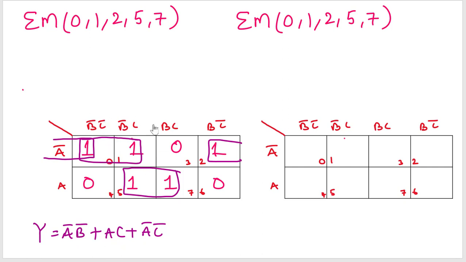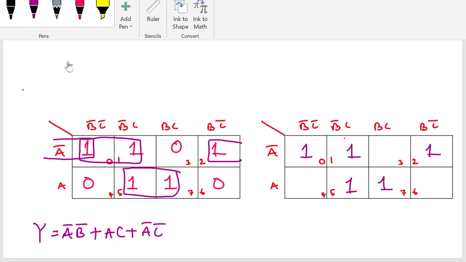The same Boolean function we will now try to minimize using a different combination of pairs. We fill the same K-map: 0 is 1, 1 is 1, 2 is 1, 5 is 1 and 7 is 1. Now we will look at another possibility for pair formation.